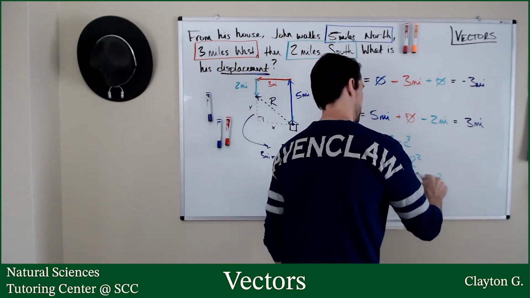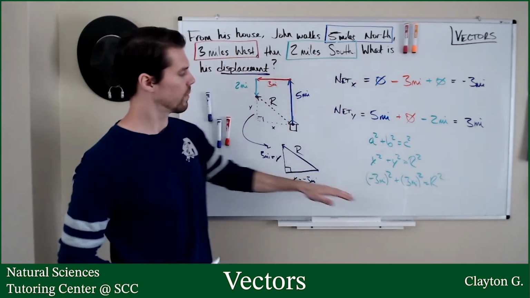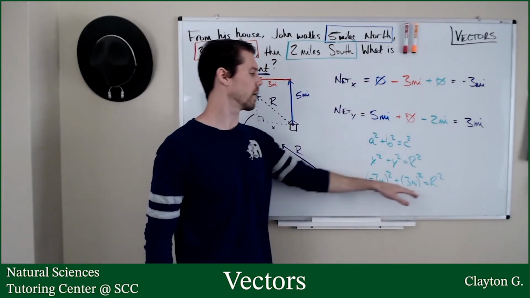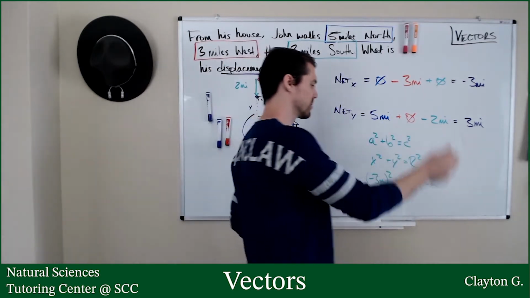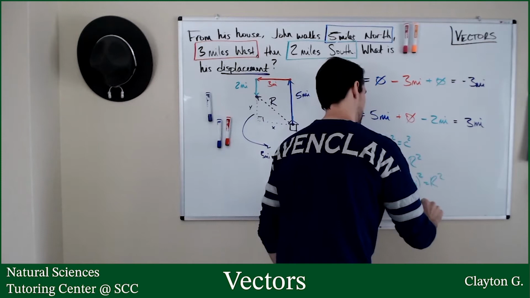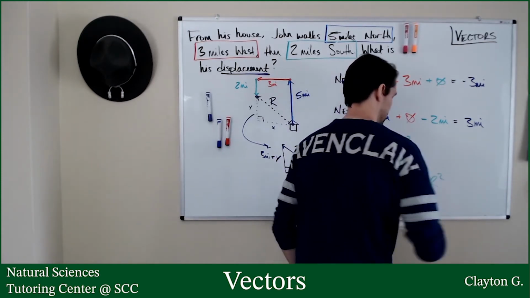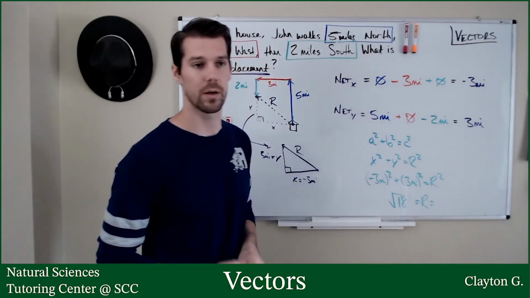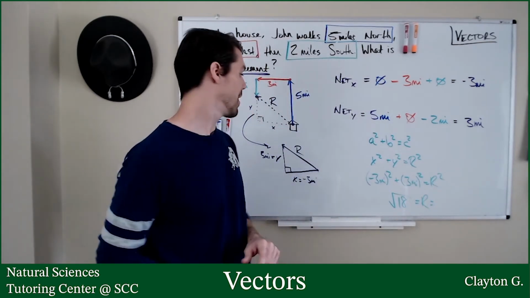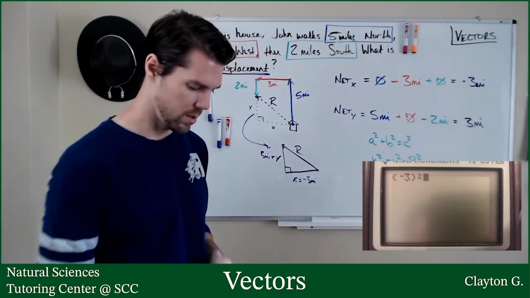Excuse my sloppy writing up there. Okay. Good. So here we have, all right, negative 3 squared plus 3 squared, that's 18 equals r squared. So square root of 18 equals r, and that equals some number. So give me a second, I'll do a little bit of math here on my calculator, and we will get a number for that.